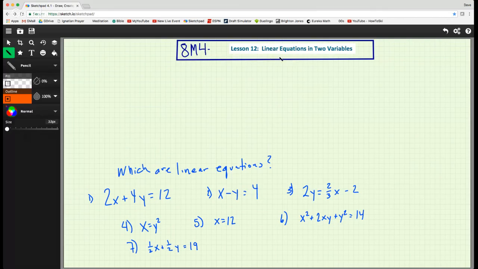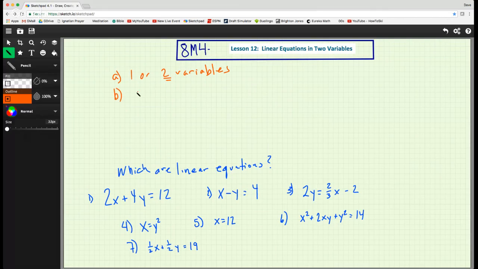But the key is a linear equation in two variables will either have one or two variables. It will almost always have two variables. Sometimes these linear equations will have one variable, and I'll show you that in a second.